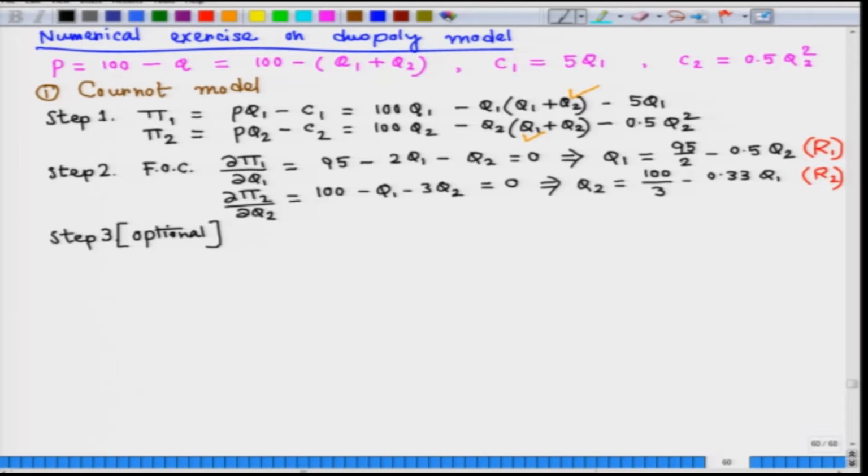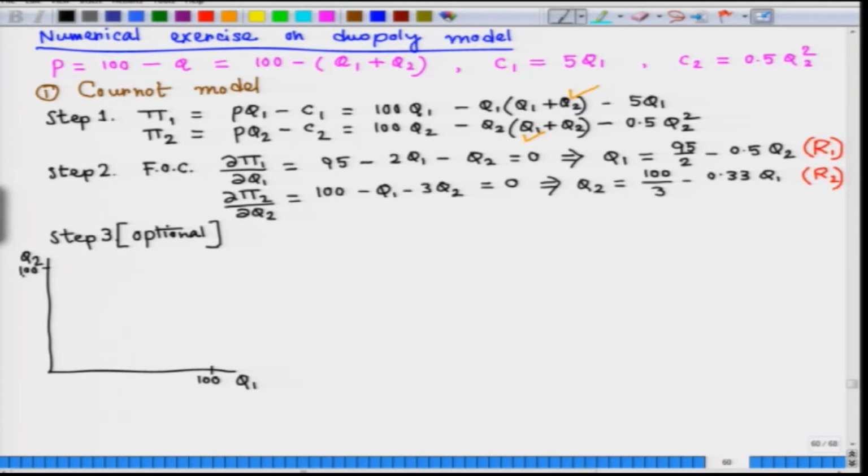So, we have to basically draw the reaction function for both the duopolists, right. So, if we now draw the graph, the two firms' output levels are measured along different axes. So, let me assume that this is 100, and similarly I can also assume here this as 100.